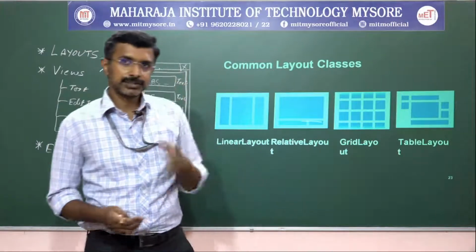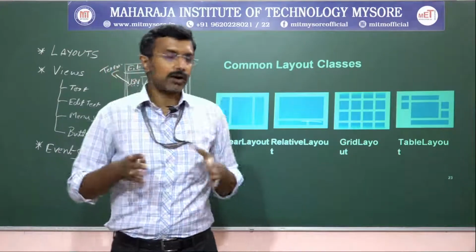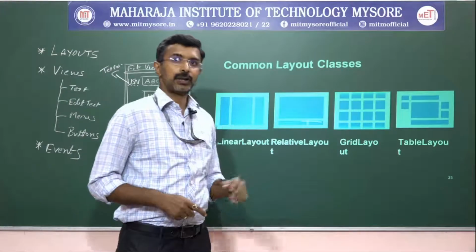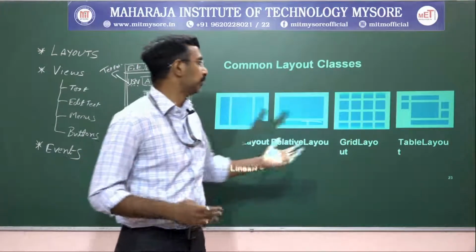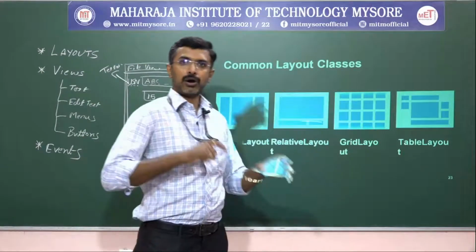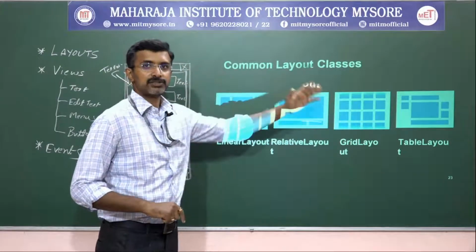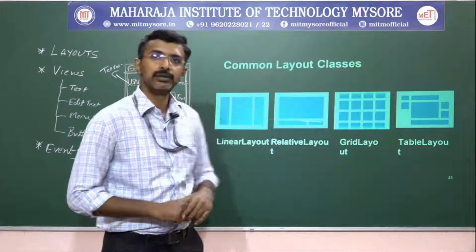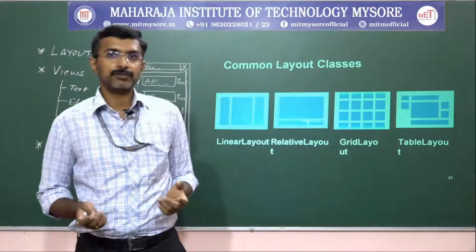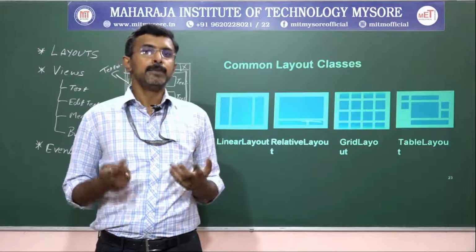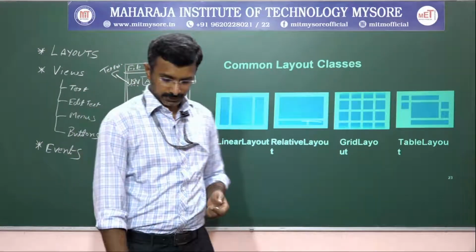If he is defining a registration form, it's good to go with this. You want to represent more data in a tabular form, use a grid layout. You want to arrange it yourself, go with a relative layout. You want to order it based on a table structure, use that. Whichever you are comfortable with, whichever the requirement is, make use of those respective layouts.